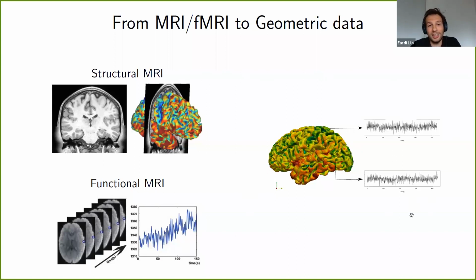Which is exactly the same type of data that we had at the beginning, except that I don't use the video to display it, but I use time series to display it, in the sense that we again have a surface that describes the brain geometry. And if you fix one point on this surface, you also have a time series describing how that specific part of the brain is activating over time.